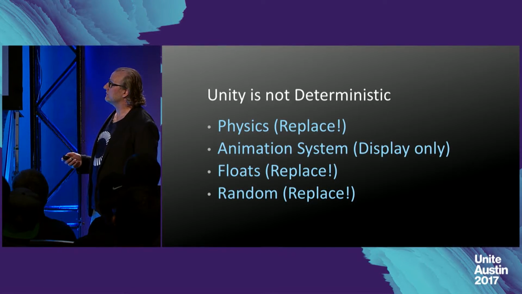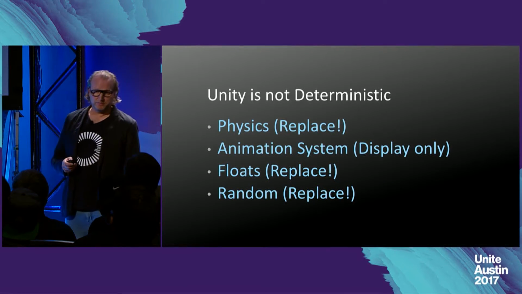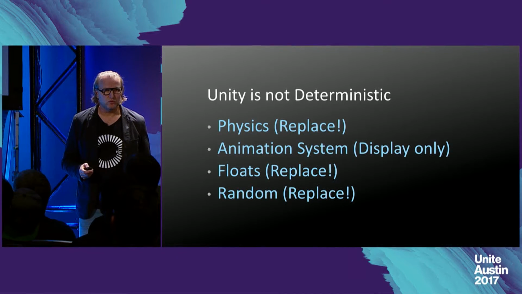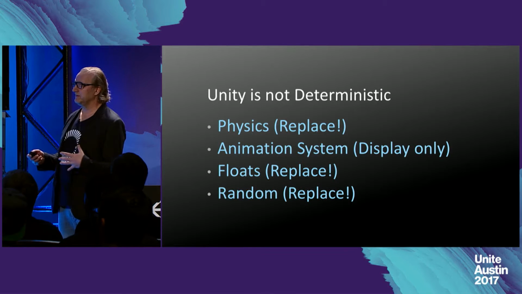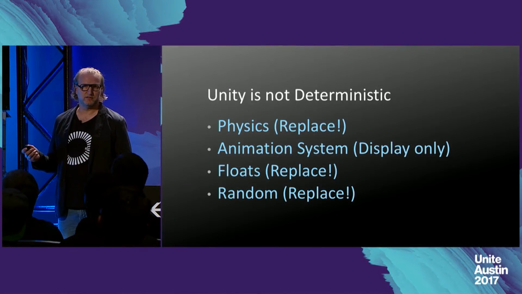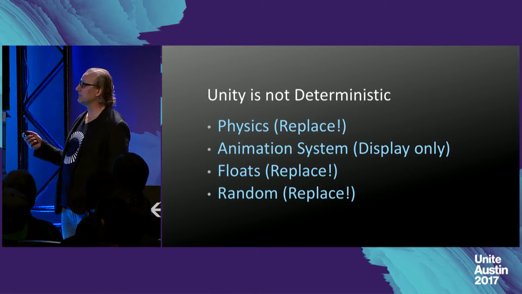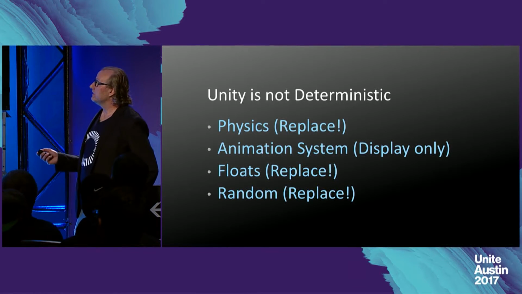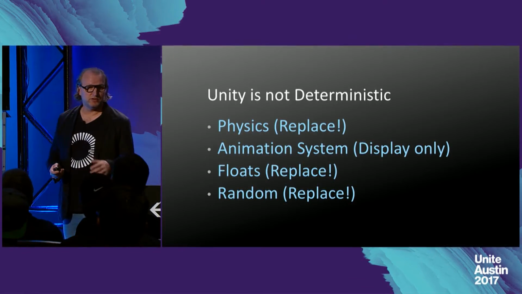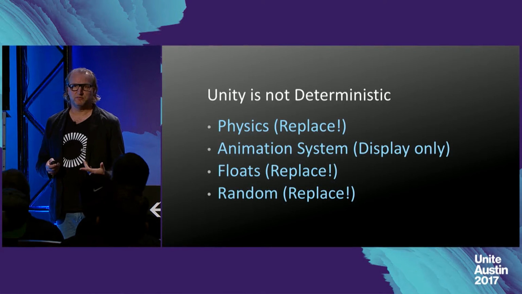And that's the biggest challenge in these architectures, especially because Unity is so convenient with all the features it has, but none of those features is deterministic. So Unity is pretty much in the way of building a deterministic game. Take the physics engine. You can't use it. It's not deterministic at all.